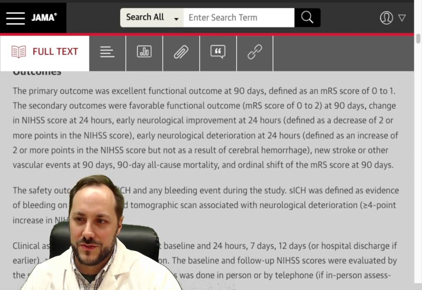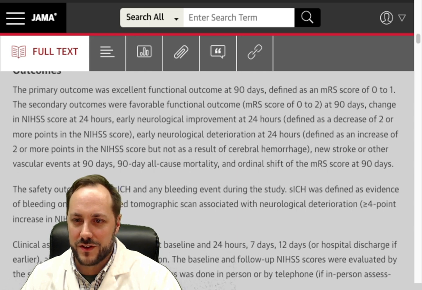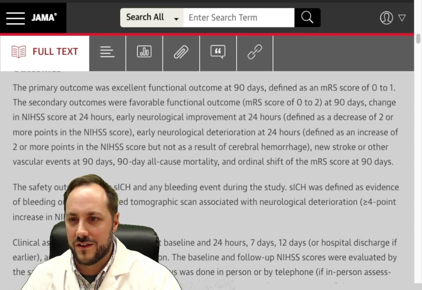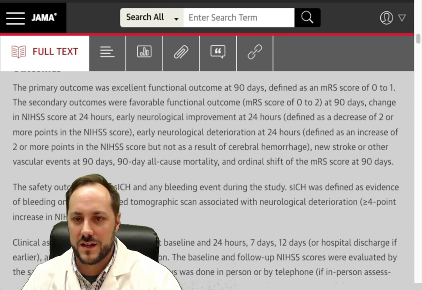And then new stroke or other vascular event at 90 days, 90-day all-cause mortality and ordinal shift of the mRS score at 90 days.